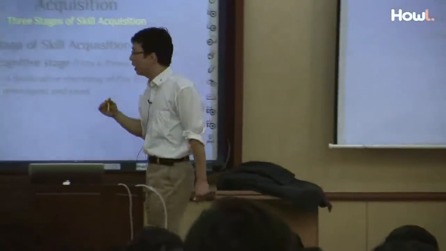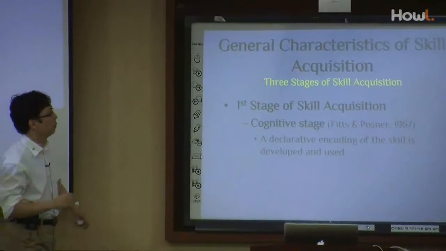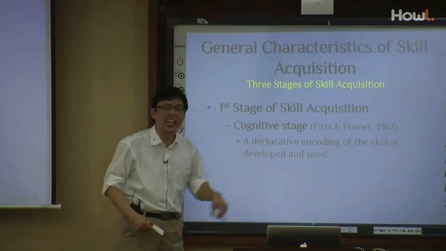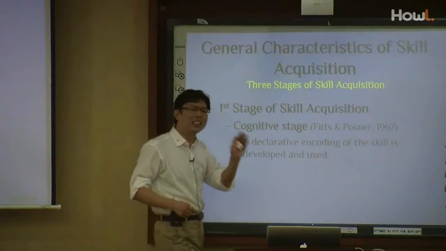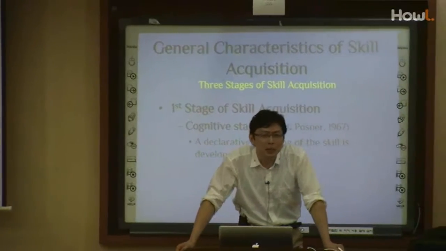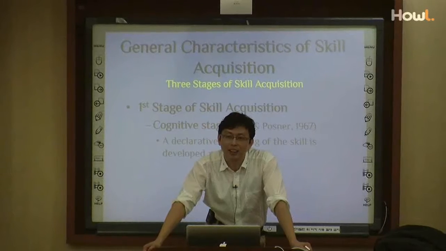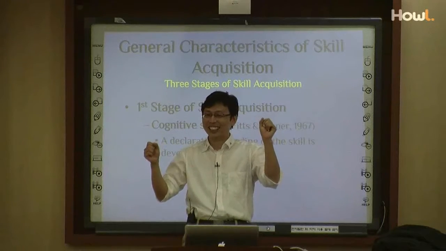So, to understand that, the first stage of the human expert is starting with the cognitive stage. Okay, so the cognitive stage is about declarative knowledge. Declarative knowledge is explicit memory.